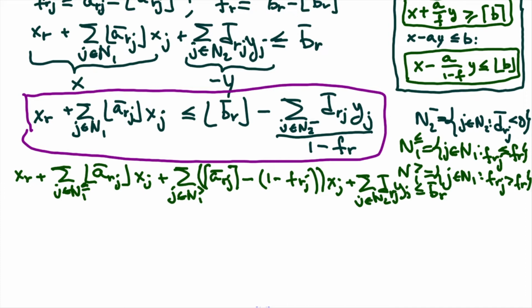Now the y part will essentially consist of the fractional part of this sum and also the sum of yj's for j where drj's are negative. Alright, so then we can apply this formula right here.